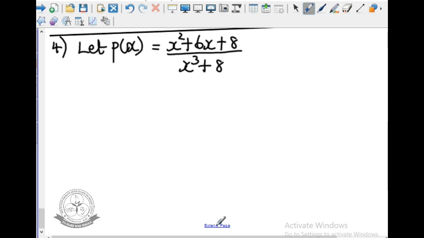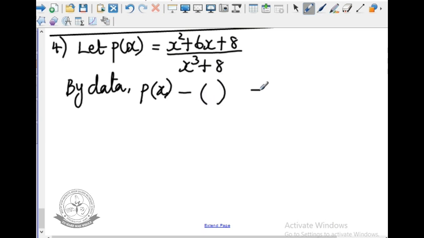By data, from p of x another rational expression should be subtracted. If we subtract, the answer will be 3 by x squared minus 2x plus 4. Which rational expression should be subtracted?